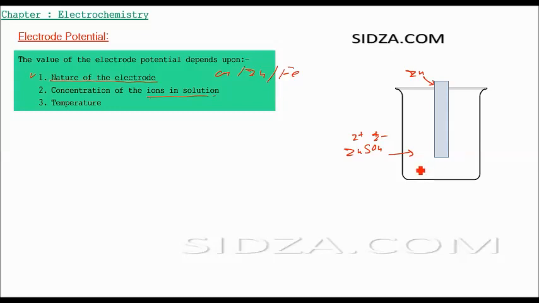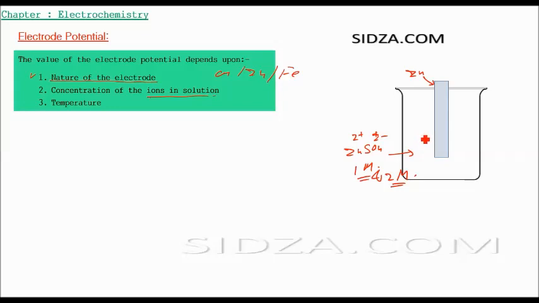At different concentrations, say 1 molar and 2 molar, it is the same electrode but the electrode potential will be different. So if you change the concentration of the solution in which the metal rod is inserted, the electrode potential will also change.